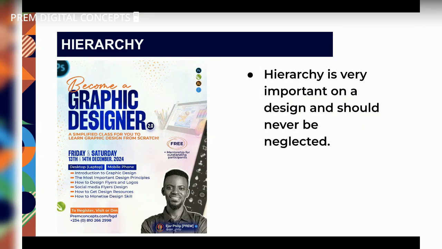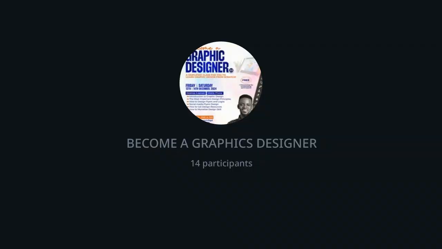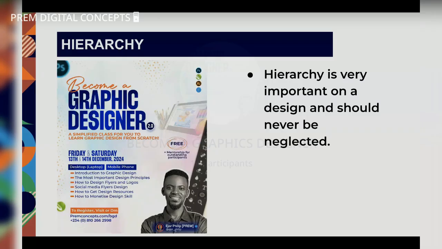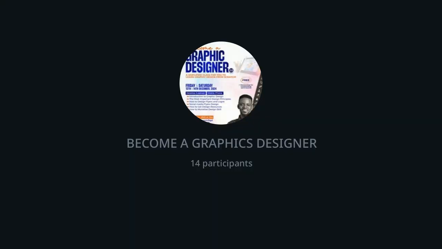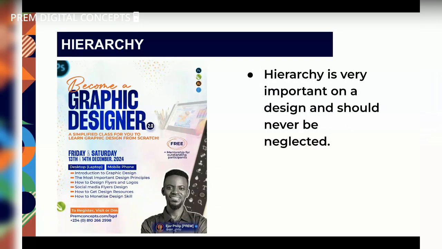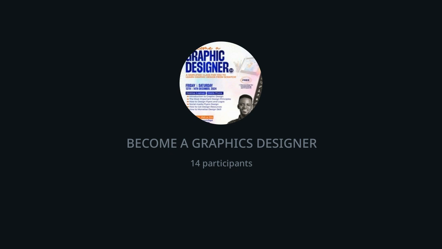You know that your design might be fine, but at that point something is missing. You're passing the right message but to the wrong audience. So your design is not gotten at a glance.